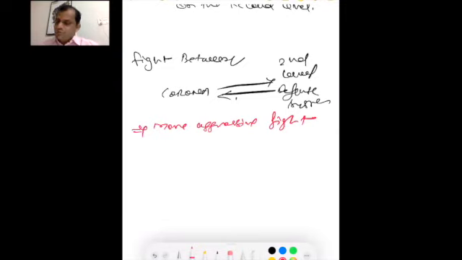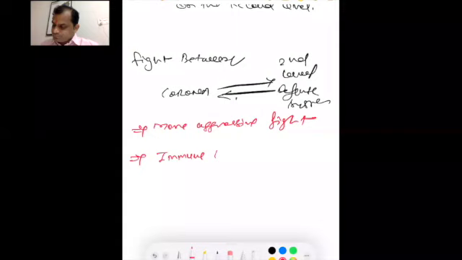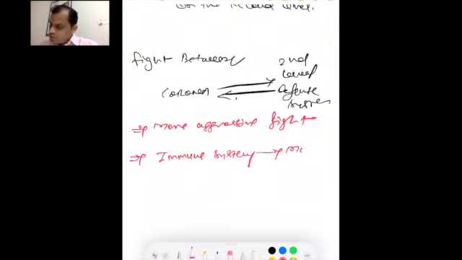Because this fight is more aggressive, the immune system will send more cells to fight.